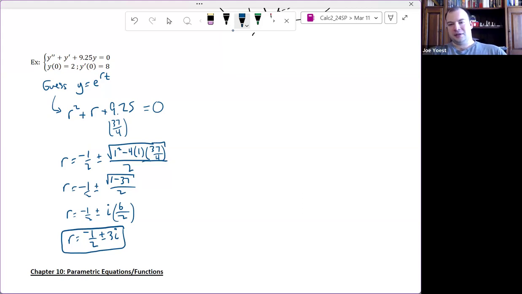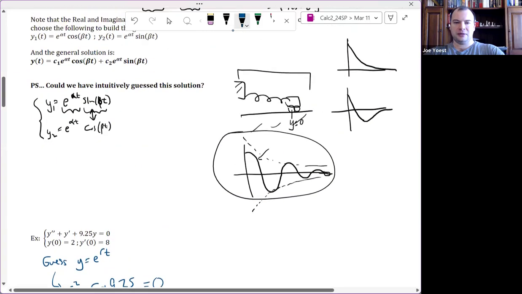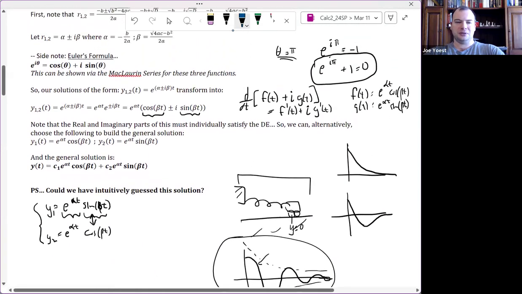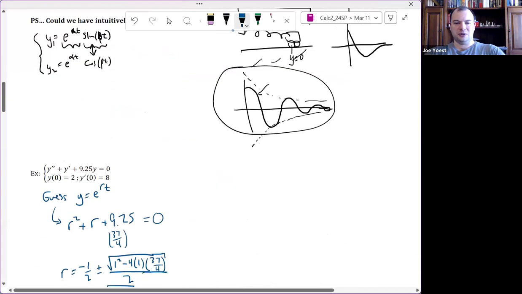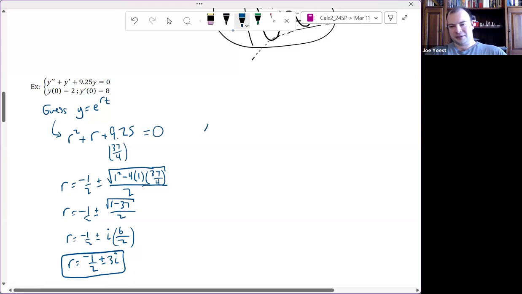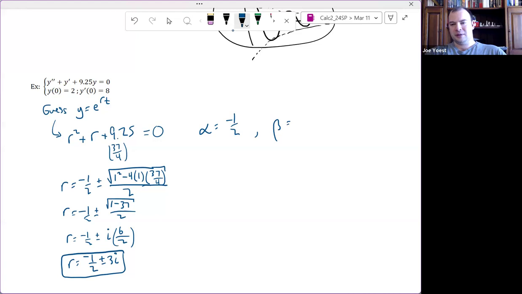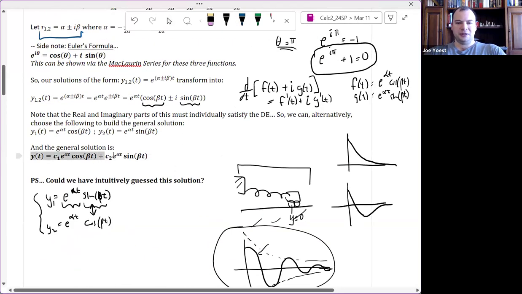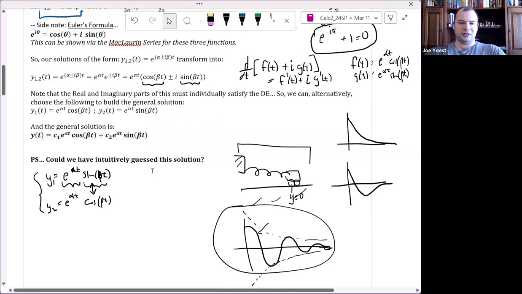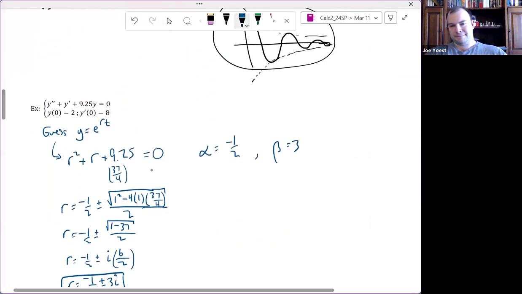I see that making this solution correspond to this formula up here, alpha is the real part, beta the imaginary part. So alpha is negative 1/2 and beta is 3. And I know my general solution is a constant e to the alpha t cos beta t, and then the same thing with sine.